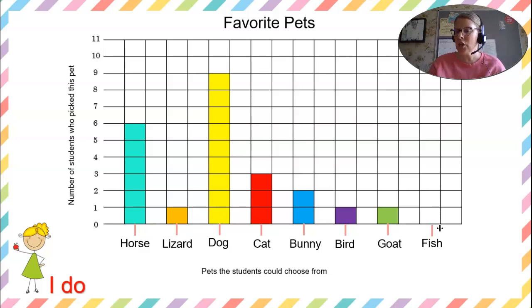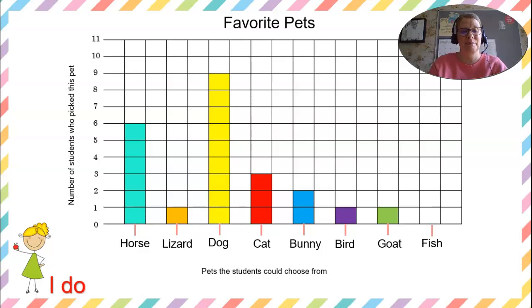You can see that nobody picked a fish because there's no color above it. You could see that one person picked a goat, one person picked a bird. You could see that more people picked the cat than the lizard because the bar is taller. You could see which one got the most votes because it has the biggest bar.